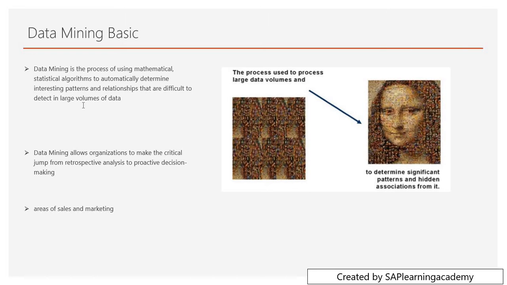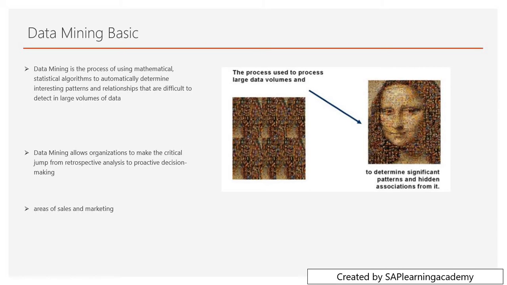Data mining allows the organization to make the critical jump from retrospective analysis to proactive decision making. We mainly use data mining in sales and marketing, because in this area we need more comprehensive analysis of customers. However, we can use it in other areas too.